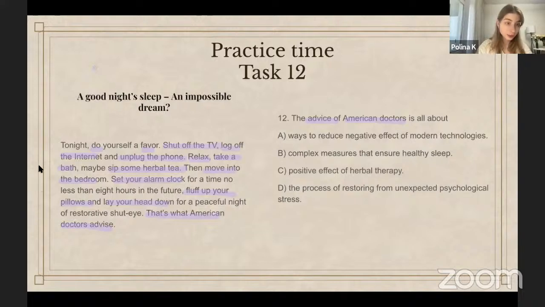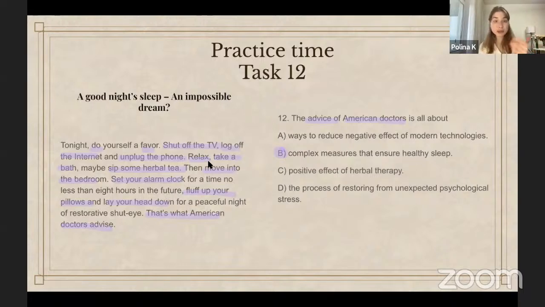So you see how it works. Very, very easy, actually. So yeah, this is answer B for sure. Complex measures. The measures include A, B, and C. That's what the American doctors advise on improving one's sleep. Ways to reduce negative effect? Well, no, it was not the purpose of the passage.